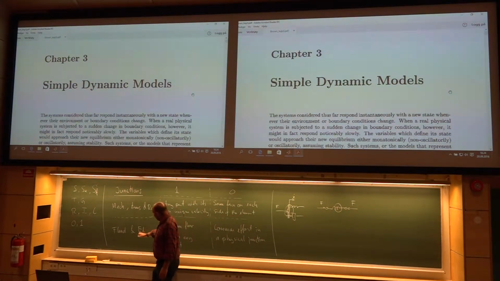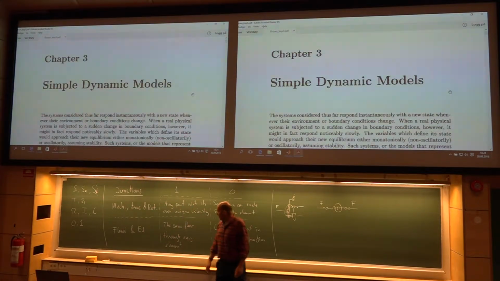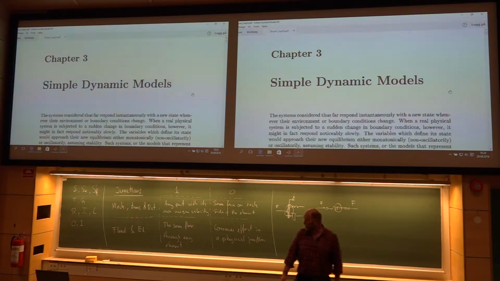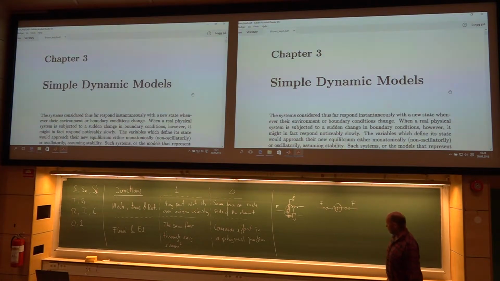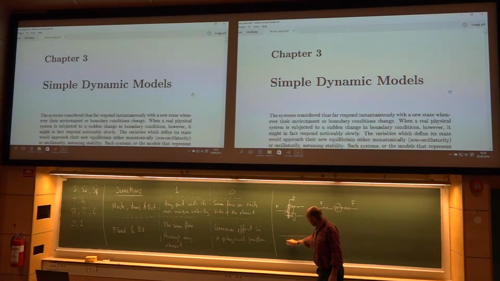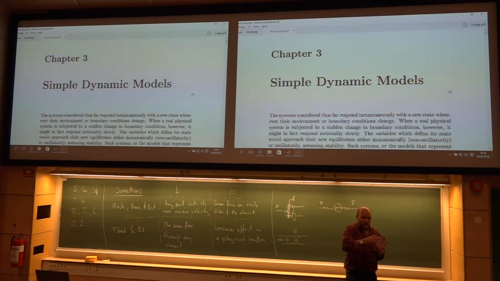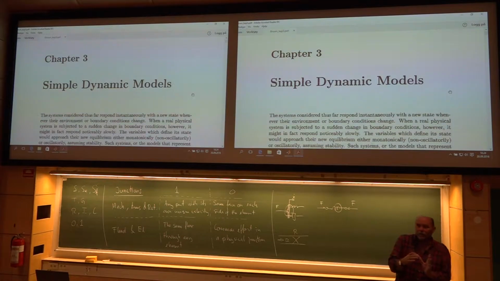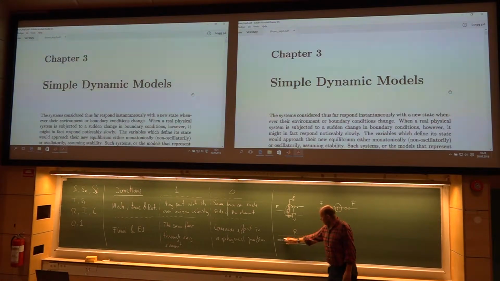For fluid and electrical systems, you have the same flow through any element. So here you have a pipeline, and here we have a fluid flow, and then we insert some resistance, say a narrow piece of the pipe or a small orifice or something. And of course, the entire flow goes through this resistance point here.